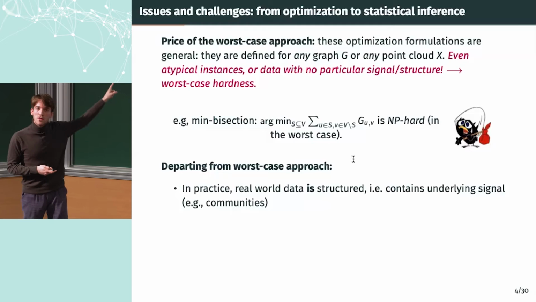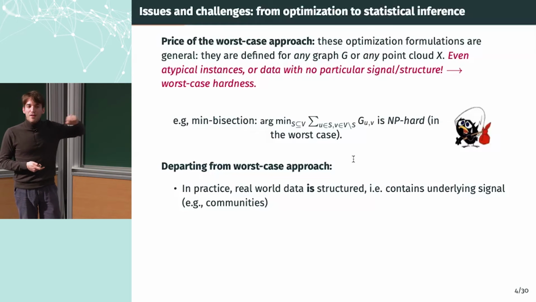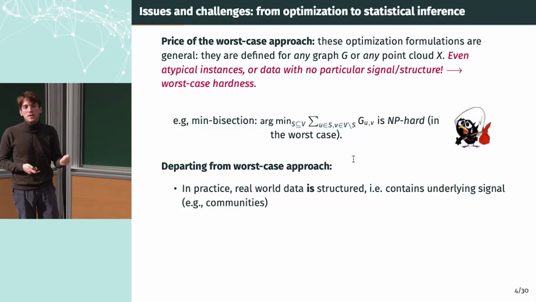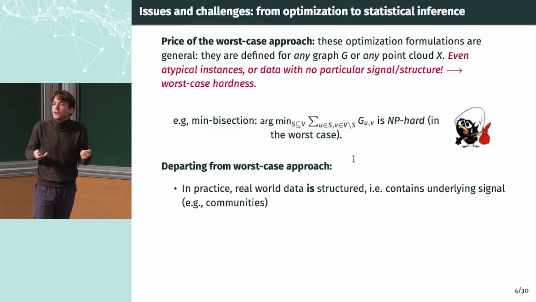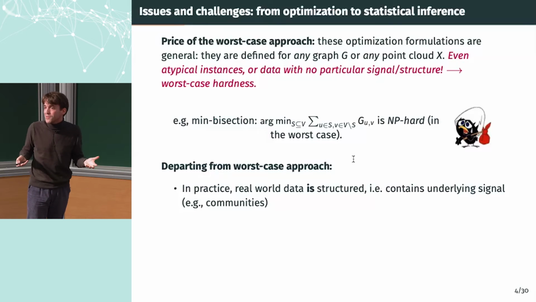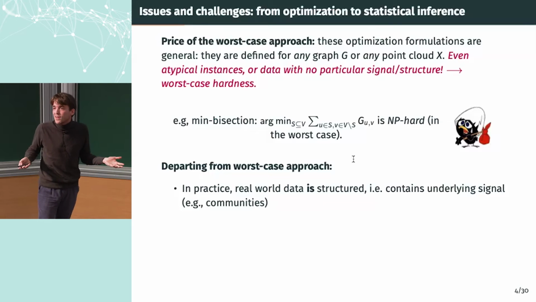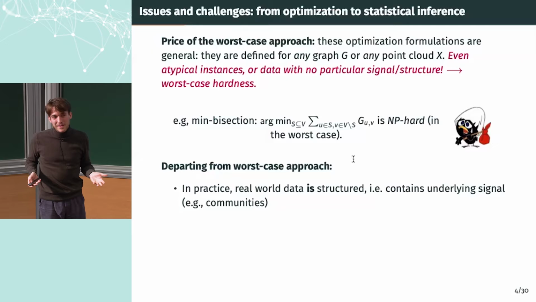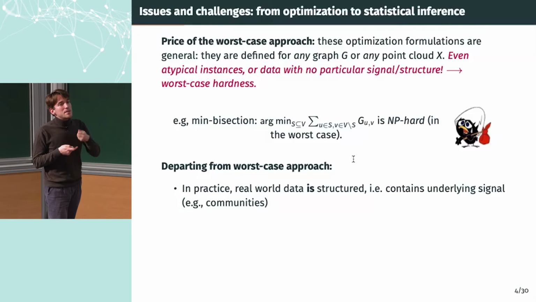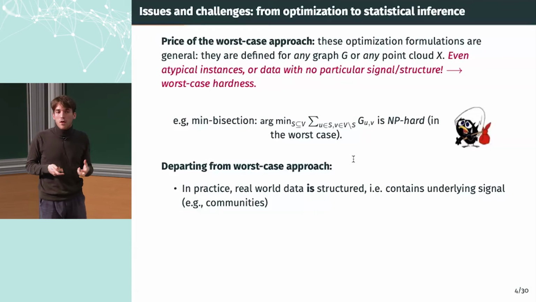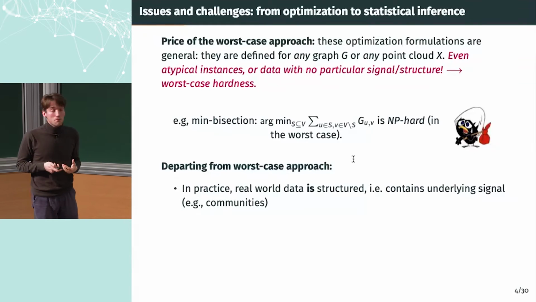For the community detection problem, for instance, if I apply it to a real world graph, that means that I kind of philosophically assume that there are communities in the graph. Otherwise I would not study the problem. So these are typical instances where there is a signal in it.